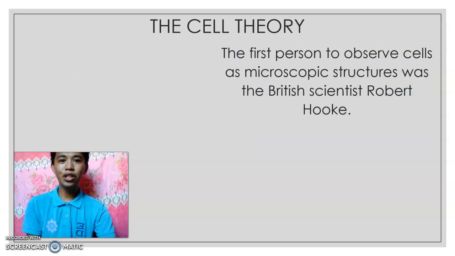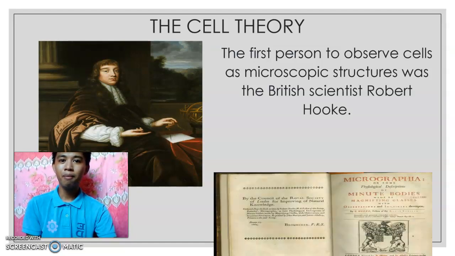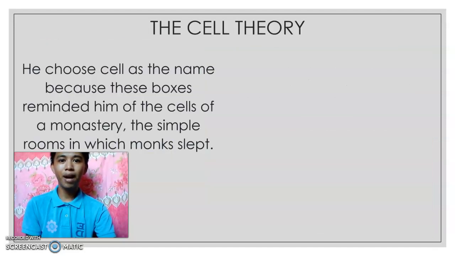The first person to observe the microscopic structure of cells was a British scientist, Robert Hooke. In fact, he was the person who gave the cell its name, in his book Micrographia. He used the term cell to refer to the box-like structures he saw when he looked at dead cork tissue through a simple microscope.